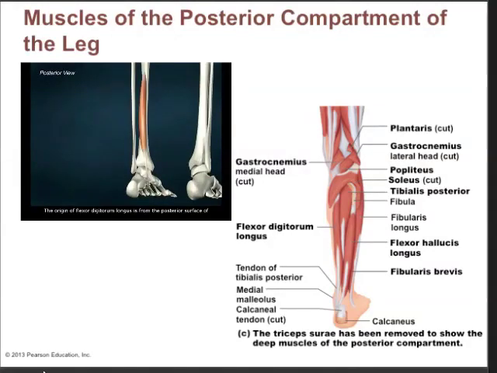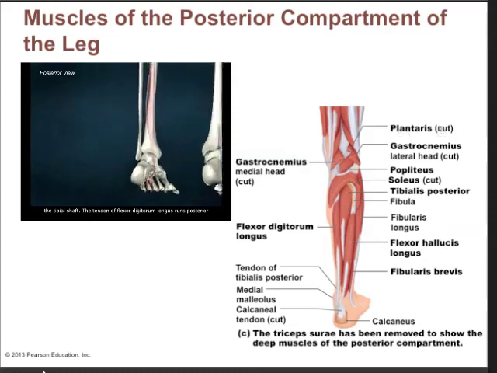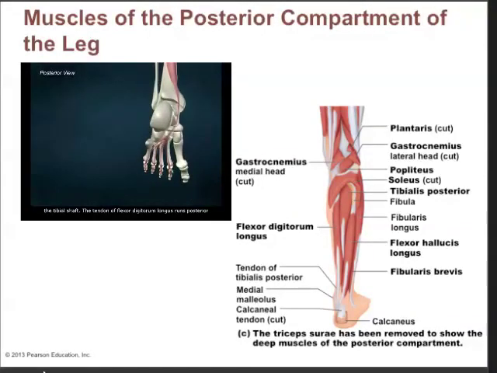The origin of flexor digitorum longus is from the posterior surface of the tibial shaft. The tendon of flexor digitorum longus runs posterior to the medial malleolus of the tibia and then passes to the sole of the foot, where it divides into 4 tendons.